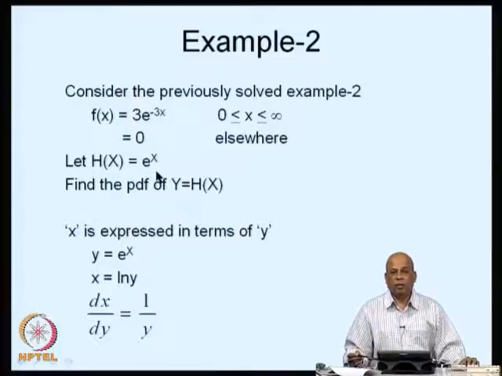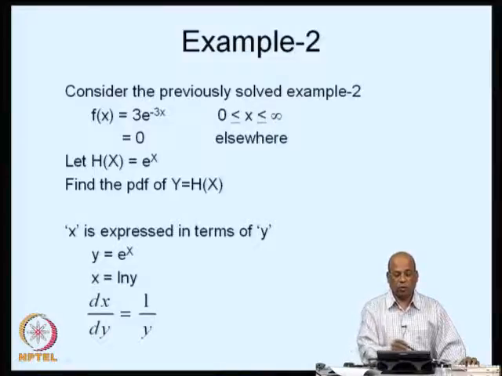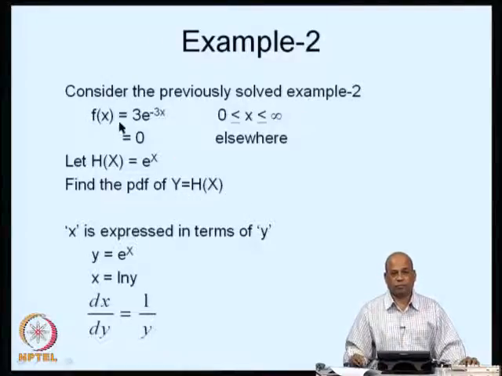Remember here, when we said monotonically increasing or decreasing function, we are talking about the transformation, the PDF of which you are interested in. So, we must examine the monotonicity of the function h of x and not f of x.